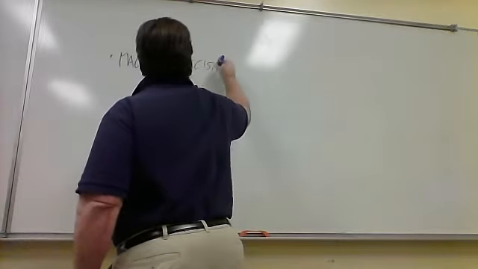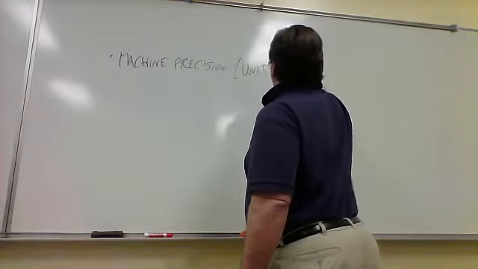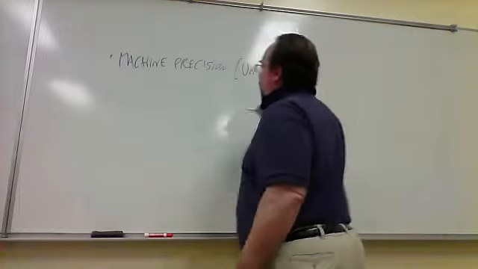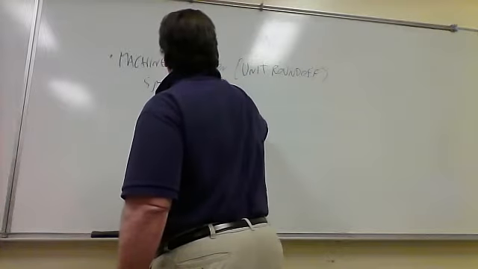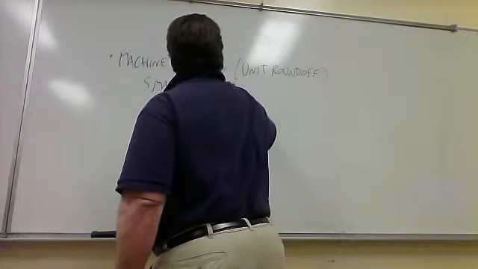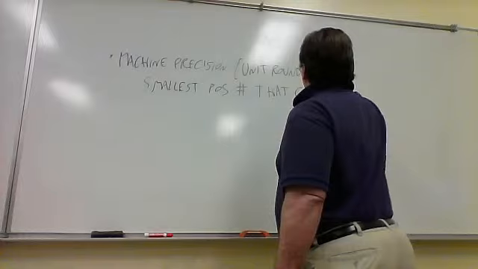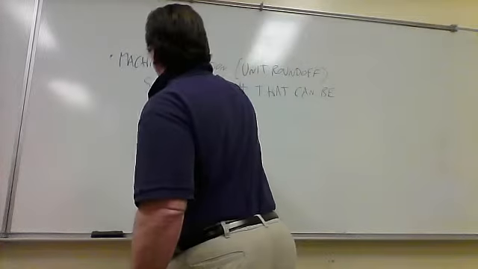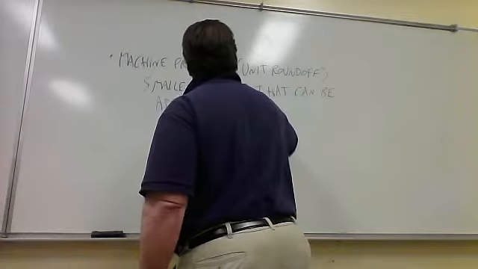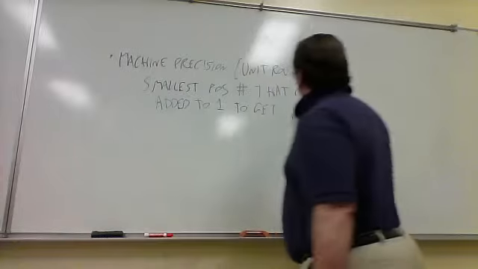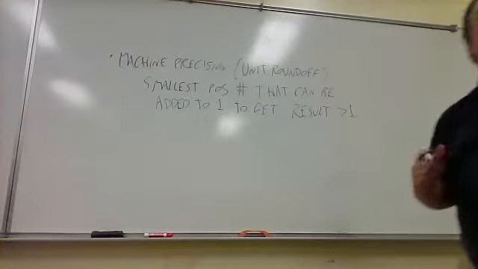Well, it's called by many things. Machine precision is a common term, also known as unit round-off. And what it's defined to be is the smallest positive number that can be added to 1 in order to get a result that is actually considered greater than 1 in the floating point system.